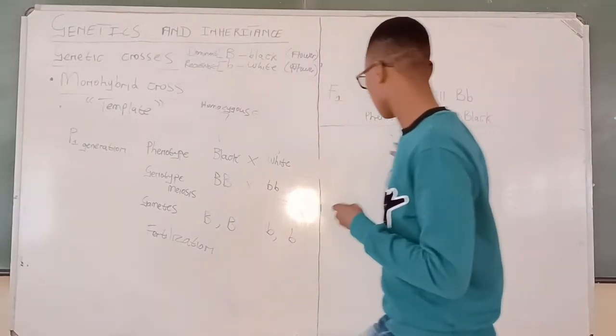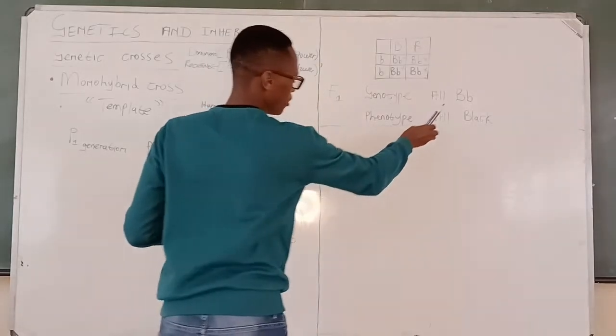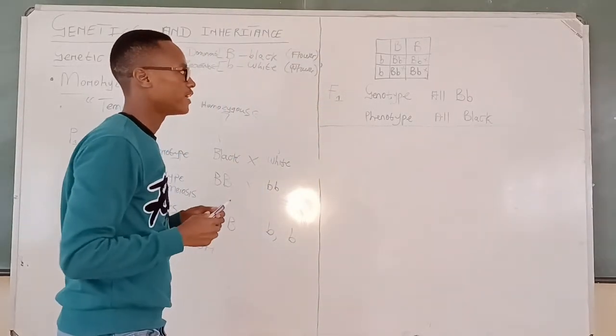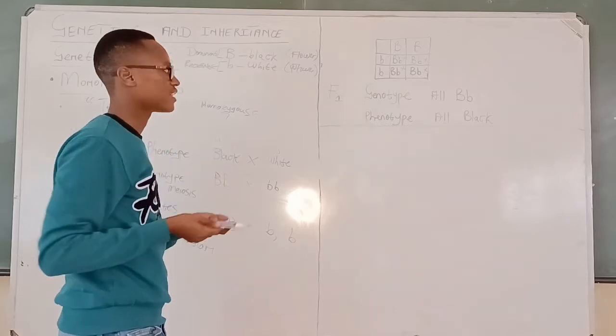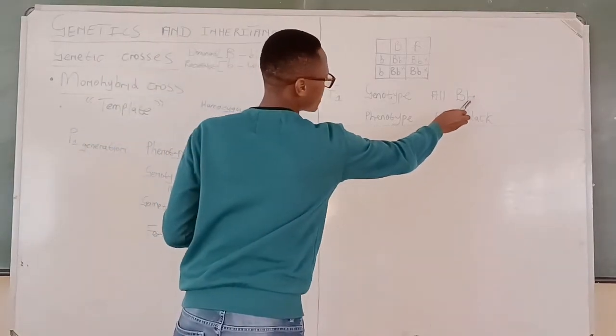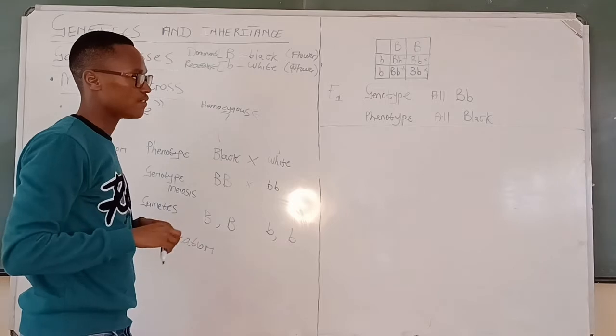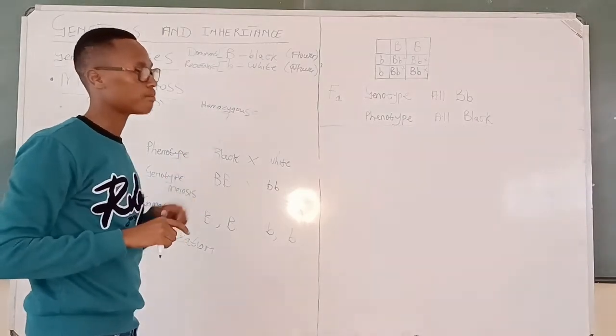So now I'm going to try to cross the offspring that are heterozygous and show you the possible offsprings that can be formed by the parents if the parents have this phenotype or genotype.